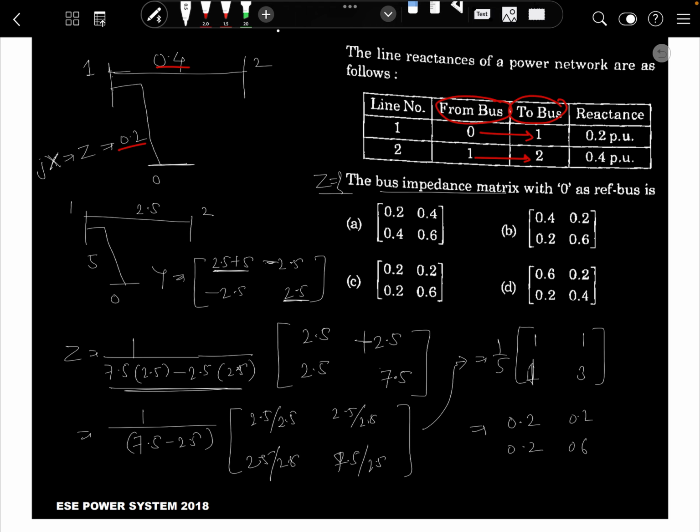So checking the options, option C is correct.